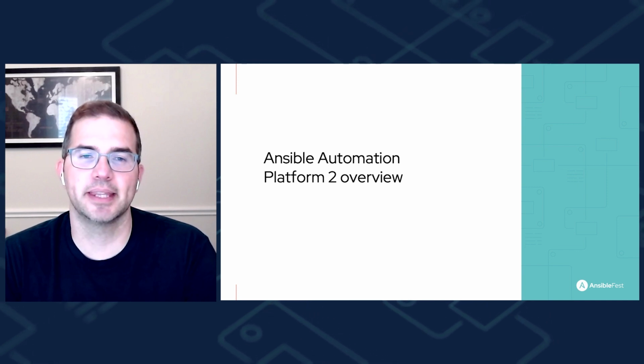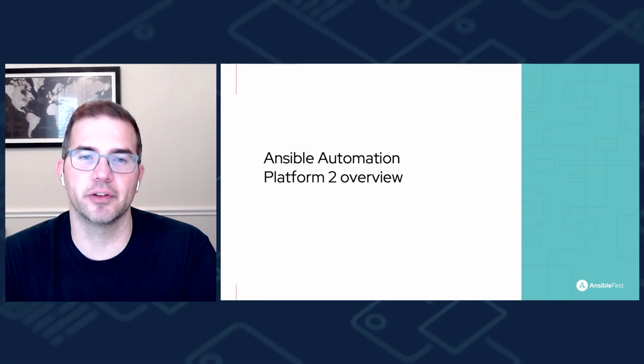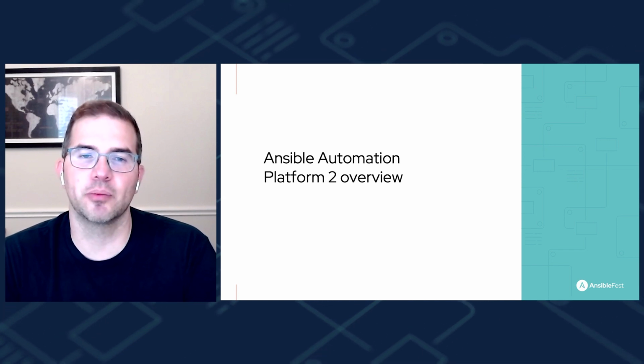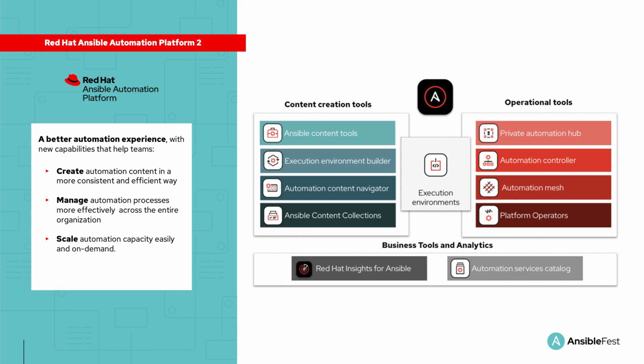So let's talk a little bit about the Ansible Automation Platform 2 overview. So what does Ansible Automation Platform 2 bring to the table? It brings a better automation experience. We have new tools such as Ansible Builder, which allows developers and operators to easily create custom execution environments. We have Ansible Navigator, a utility that provides a CLI or text-based user interface to Ansible core and execution environments.